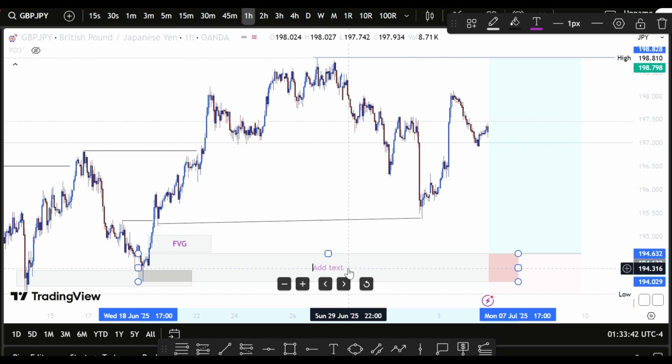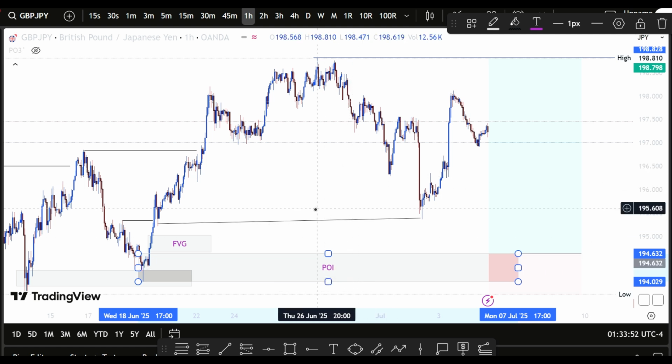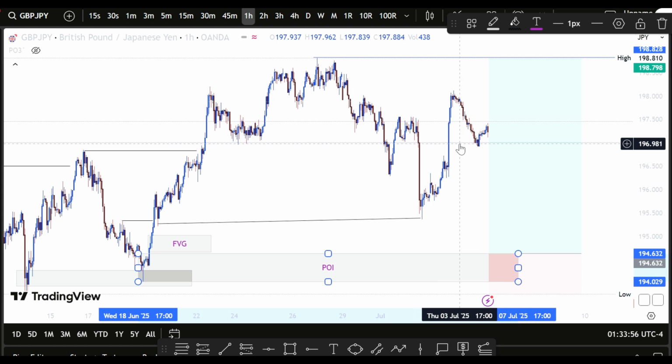I like to just add this is our POI. At this point, and here's our liquidity. So we want to see price do something like this.